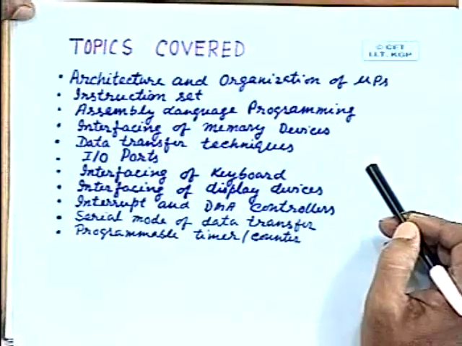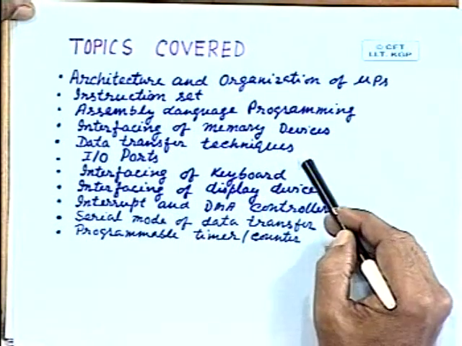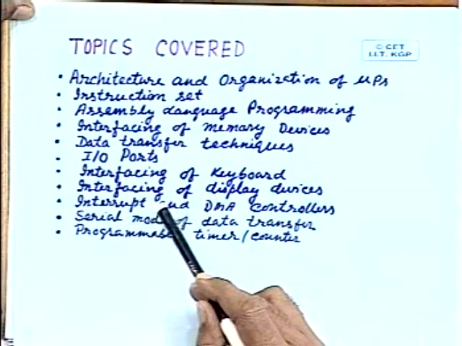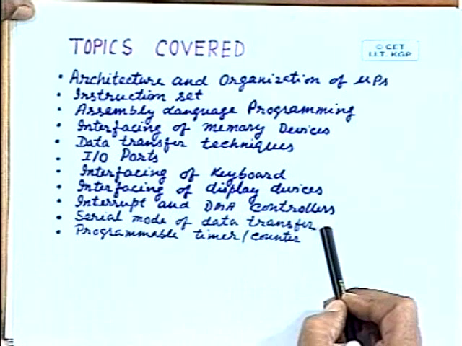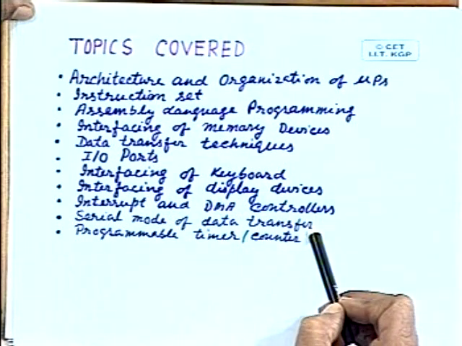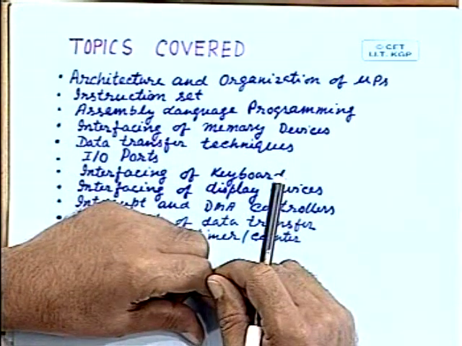We have covered a lot of ground, many topics such as architecture and organization of microprocessors, instruction set, assembly language programming, interfacing of memory devices, data transfer techniques, I/O ports, interfacing of keyboard, interfacing of display devices, interrupt and DMA controllers, serial mode of data transfer, programmable timer counters. All these topics we have covered. You are now equipped with the necessary knowledge and information to build a complete system.